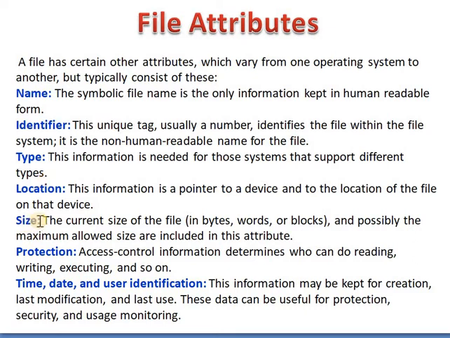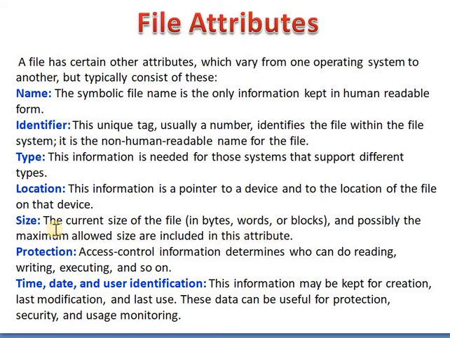The next one is the size. The current size of the file, in a format of bytes, words or blocks, and possibly the maximum allowed size, are included in this attribute.